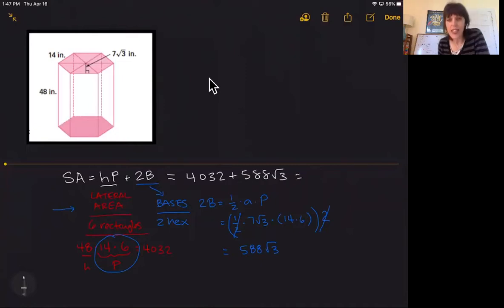And then when I add that together, and I'll go ahead and get a decimal value, I'm going to have 588, and I'm just going over here to my calculator, times root 3 plus 4032, and I get 5,050.45. And I'm in inches, and this is surface area, so it's not a volume, it's still an area even though we're dealing with a 3-dimensional figure. So that's going to be inches squared.